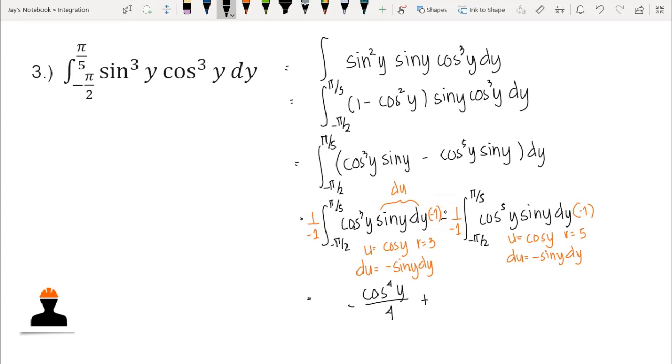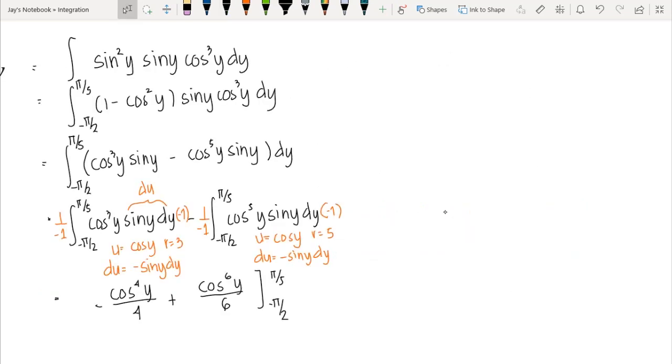In this case, applying the power rule, we have cosine to the 5 plus 1, we have 6, y over 6. So that is the power rule. Then we have limit from negative pi over 2 to pi over 5. So we substitute first the upper limit and then the lower limit.